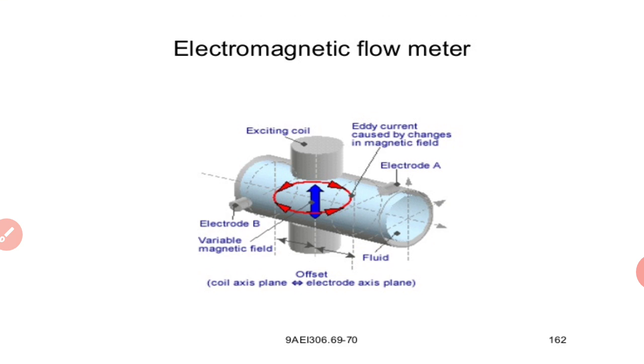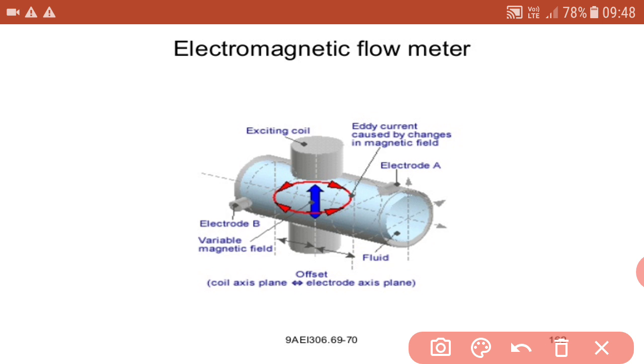This is the three-dimensional view of the electromagnetic flow meter. Here we can see the pipe, electrode A, electrode B, and there is an exciting coil.